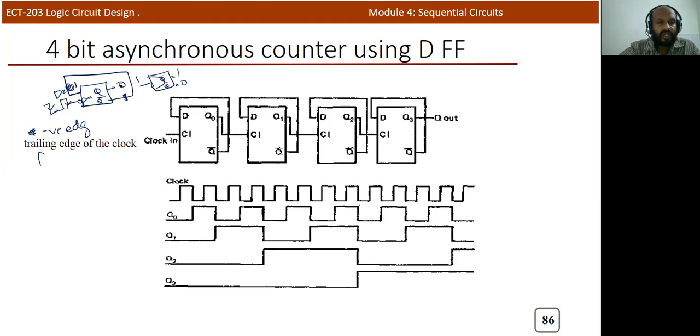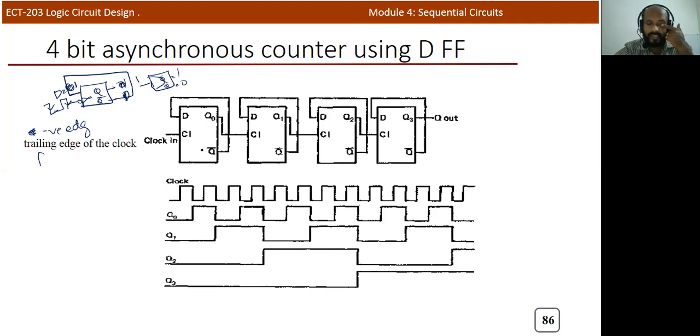So definitely Q will be 1 and Q bar will be 0. In this way, you can change the D input and Q bar output. So it is continuously changing, 0 to 1 and 1 to 0. So this configuration will act as a toggle mode.